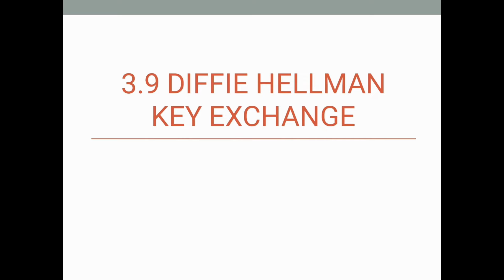Either they have to meet physically in a place and exchange the keys. That will sometimes be difficult. So we have an algorithm called the Diffie Hellman key exchange algorithm. By using this algorithm you can exchange the keys.